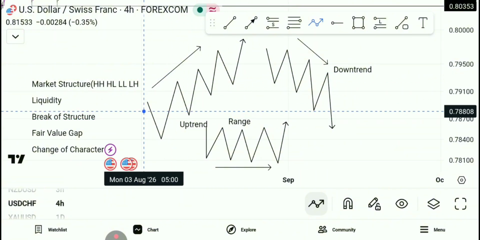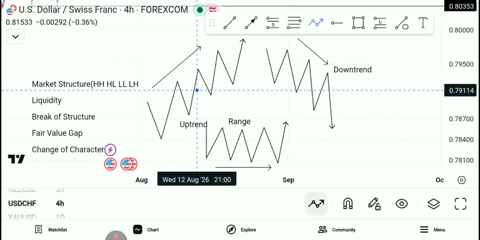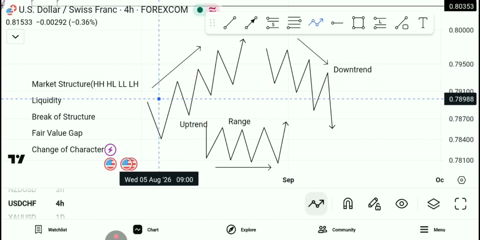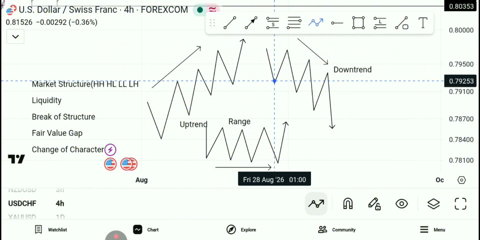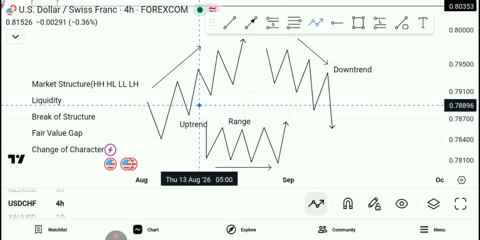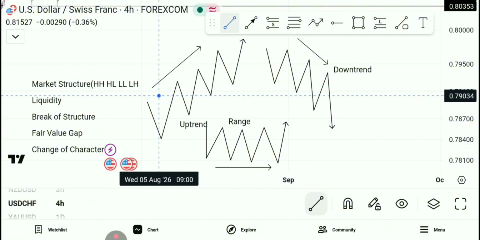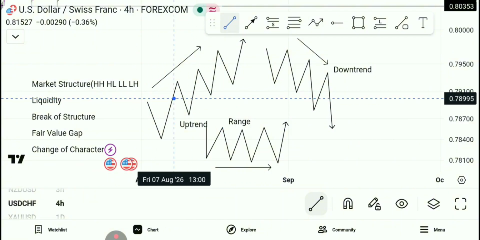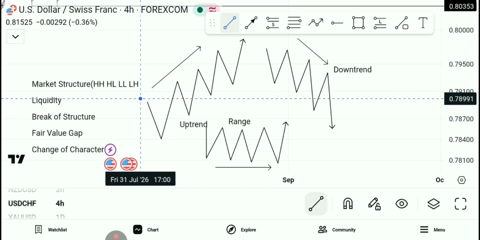The third one, we'll be talking about what we call breakout structure. As I've said, this is a market structure which is in an uptrend, this is a downtrend market structure, and also this is a market structure which is in a range. The breakout structure is an action in which the market breaks above the previous high or low.